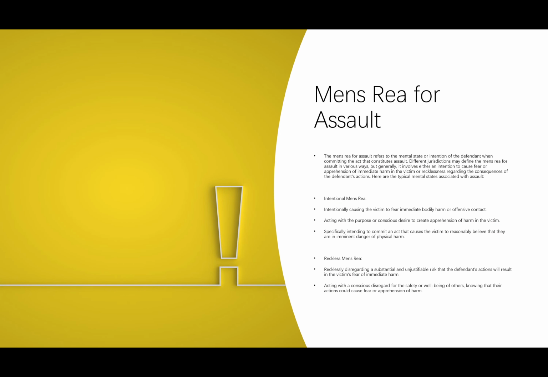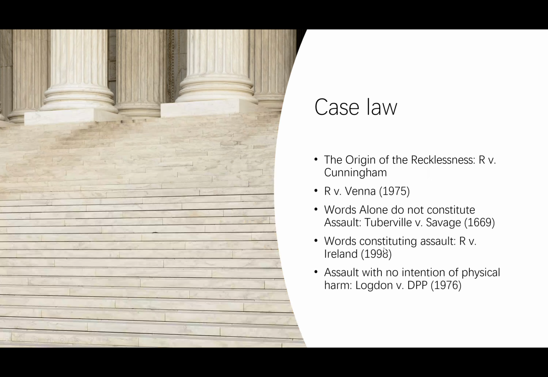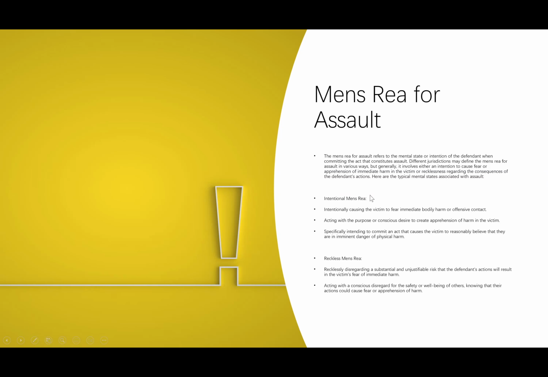So for the mens rea of assault, we are looking at the intentional mens rea or the reckless mens rea, right? If you want to intentionally cause fear within the victim, then that would be intentional. Whether it's specific intent or oblique intent, intentional mens rea is a part of the mens rea for assault, and reckless mens rea as well.